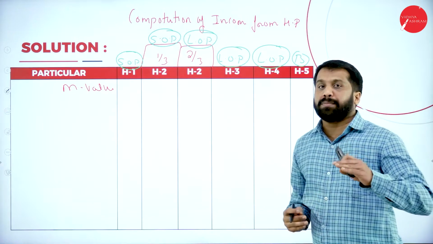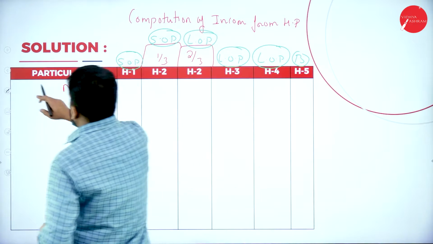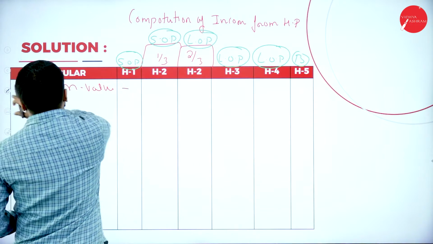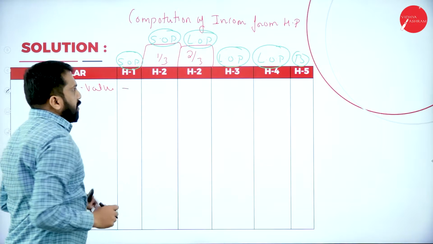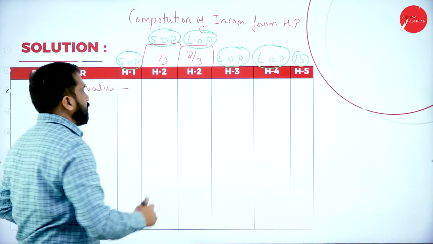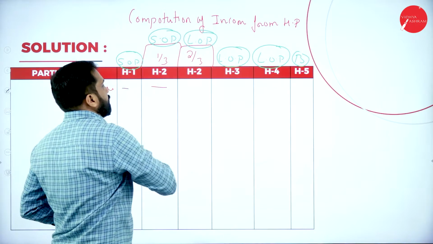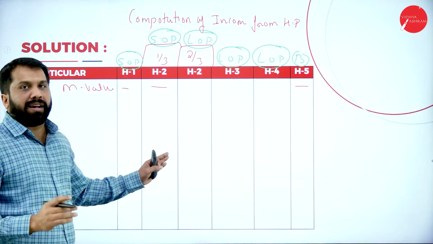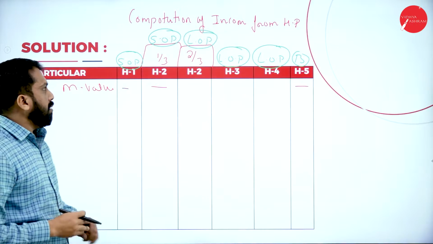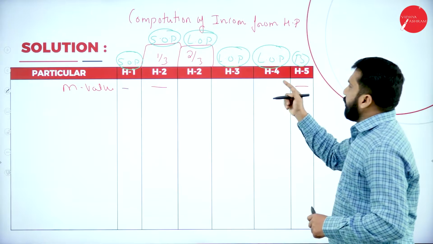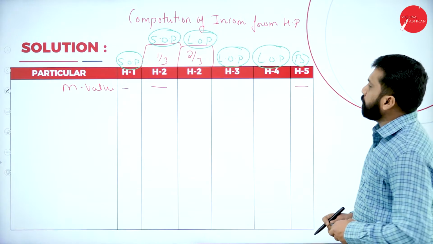I'll go one by one. Municipal valuation. In this municipal valuation, first one will be nil, because wherever I have self-occupied, I am not taking municipal value. This will be nil. This will be nil. All the self-occupied I am not considering. Now, we'll go for house 2, part 2, house 3 as well as house 4.